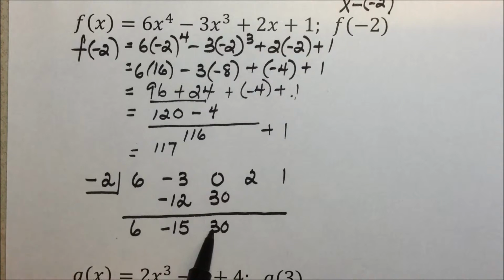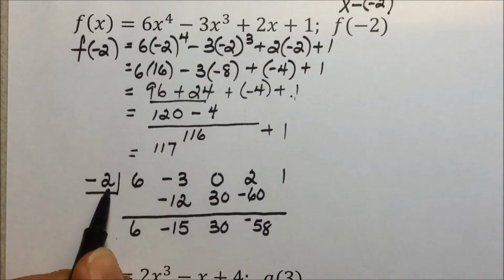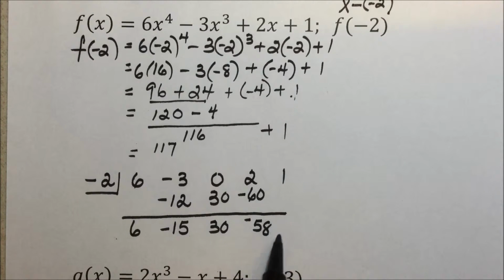We multiply. Negative times a positive, 30 times 2 is 60. We add 2 and -60 is -58. We multiply, a negative times a negative is positive. 58 times 2 turns out to be 2 times 8 is 16, carry the 1. 2 times 5 is 10, with that carried is 116.